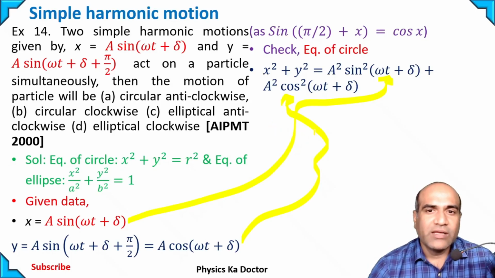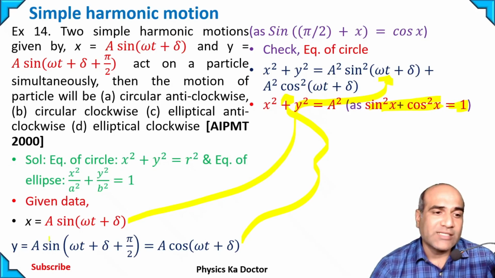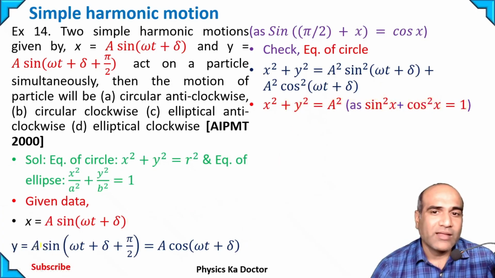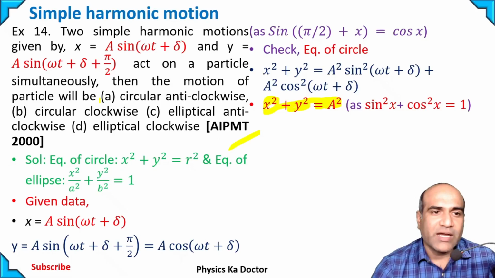If we take a square outside, sine square theta plus cos square theta is 1, so it is a square. So x square plus y square equals a square. This is the condition of a circle, which means option A and B both are possible.